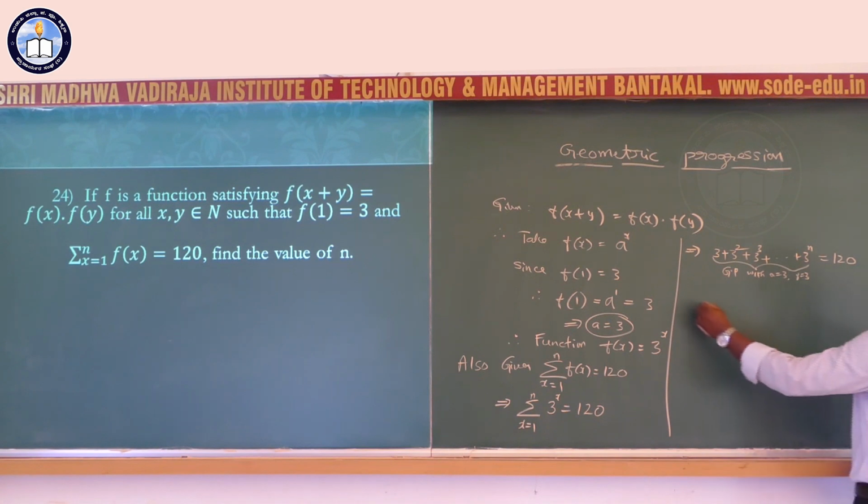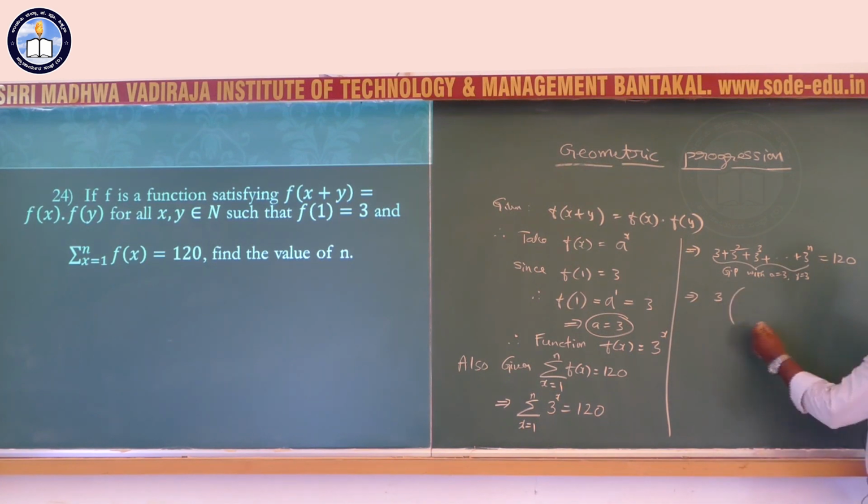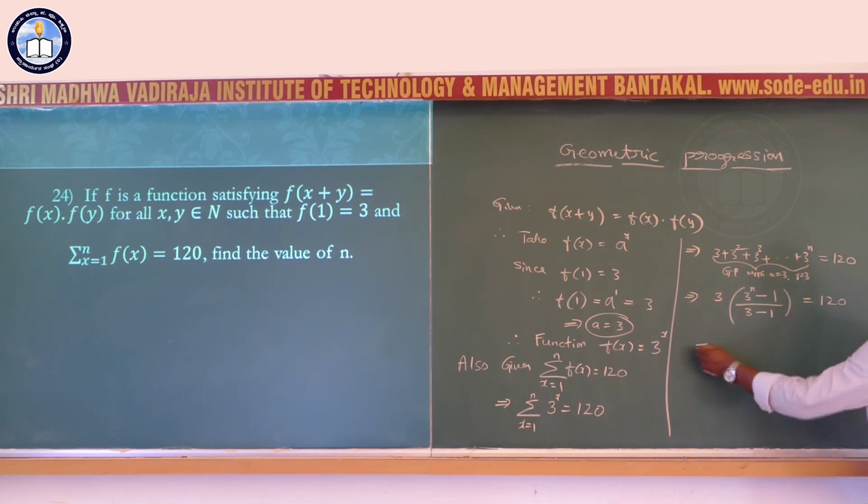Therefore, it implies a into r power n minus 1 divided by r minus 1, that is 3 into 3 power n minus 1 divided by 3 minus 1, equal to 120. It implies 3 power n minus 1 equal to 80. 3 minus 1 is 2, 120 into 2 is 240, divided by 3, that is 80.